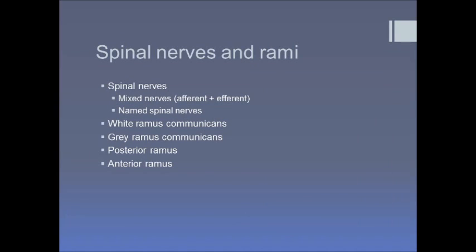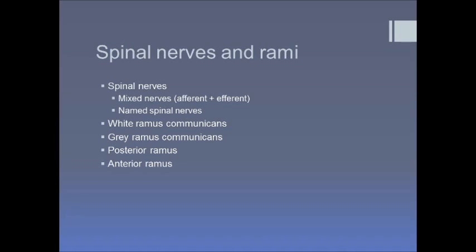Spinal nerves are mixed nerves, afferent and efferent, meaning that they have both sensory and motor function. There are some named spinal nerves, and usually they're named after what they are innervating or what they do. The white ramus communicans are myelinated spinal nerves.